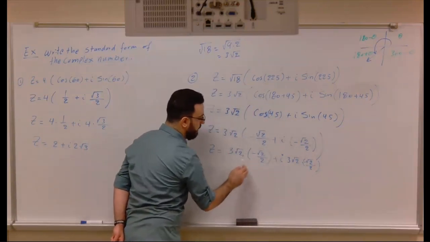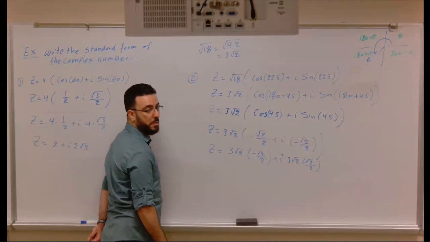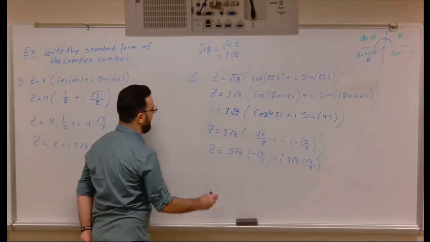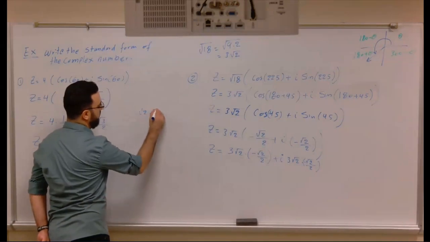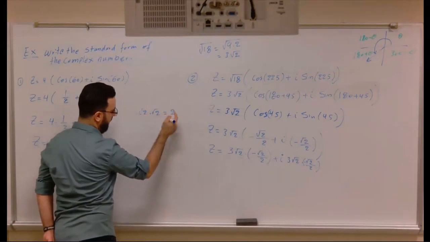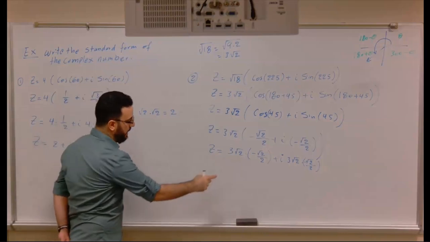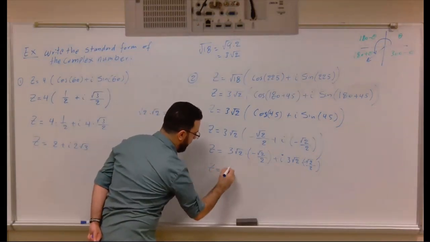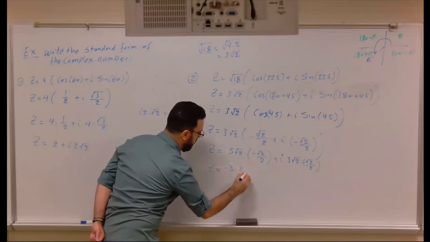Square root of 2 times square root of 2. That means here Z equals, here is negative sign, so negative 3 times 2 divided by 2.